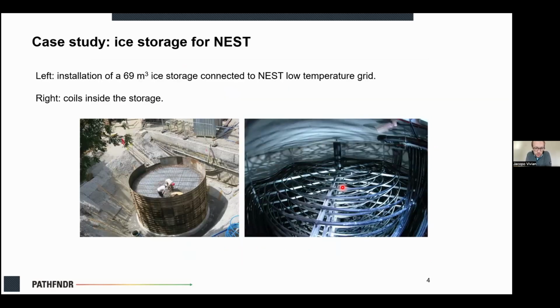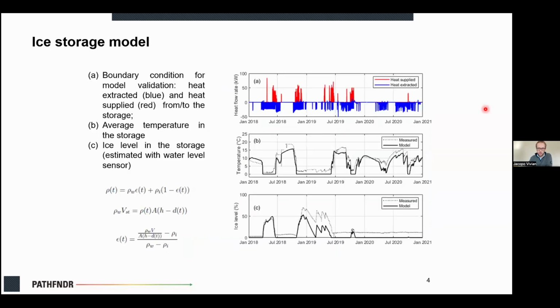Actually, there is an ice storage connected to the low temperature grid of Nest, which is a 69 cubic meter ice storage. Here you can see the construction works and a picture of the coils inside the storage, where we have a circulation of glycolized water, because, of course, we need to go below 0 degrees Celsius.